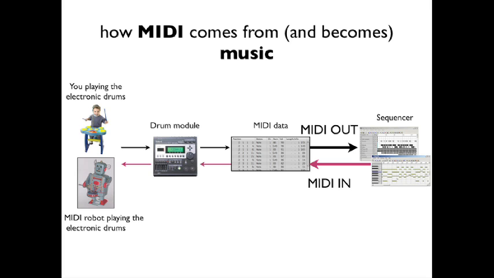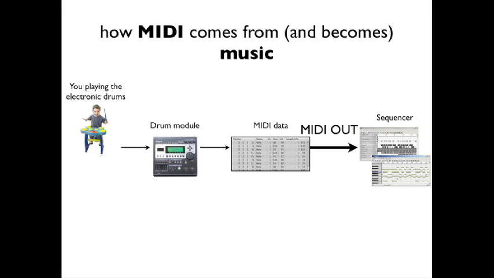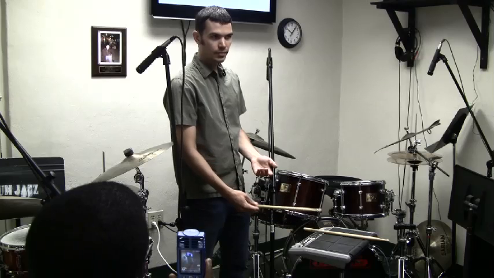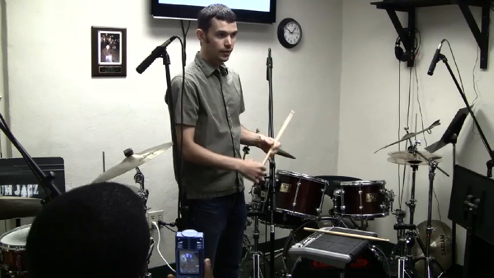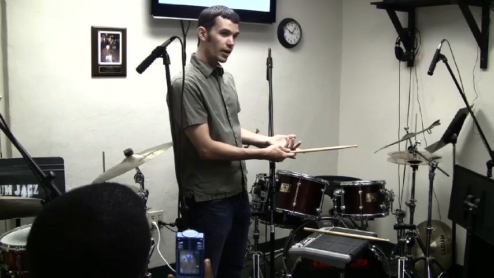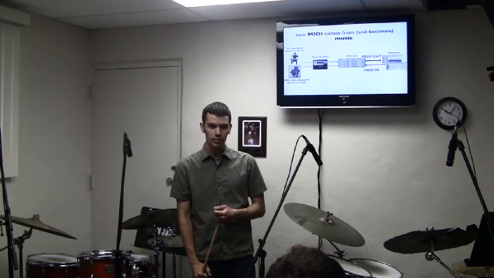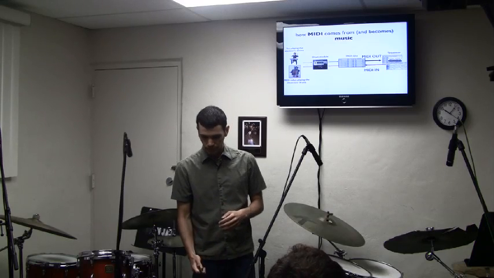The out port is pretty simple enough, as we talked about. It sends MIDI information out of the drums, out of the module here, depending on what you hit. Say I hit this pad, which corresponds to, like, say F sharp at a certain velocity, say 90. That's output into the sequencer. The sequencer records that or plays back the sound that I want, the virtual instrument.